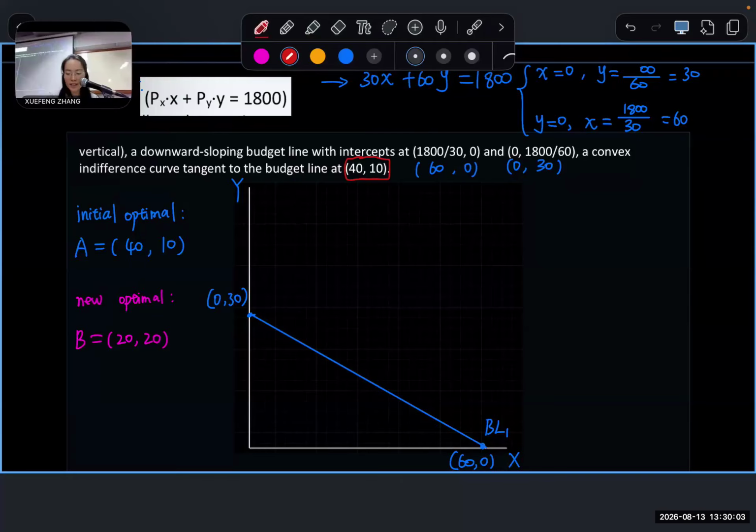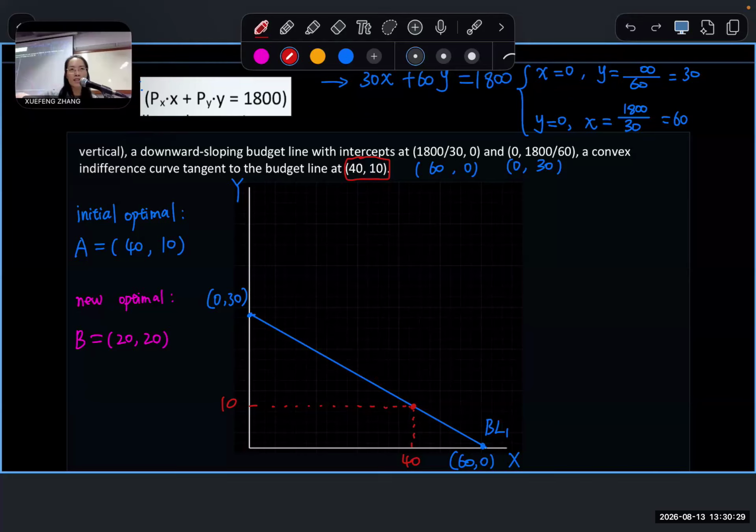Okay, so remember our optimal consumption is here: x equal 40, somewhere here, y equal 10, somewhere here. So that means where should you draw the IC curve? Here? No, you need to make it tangent. So please bring your pencil to the exam.